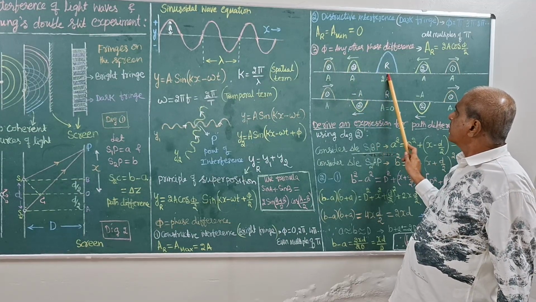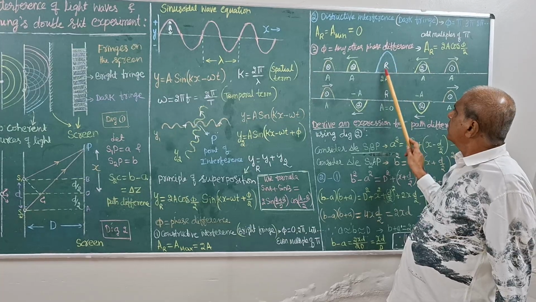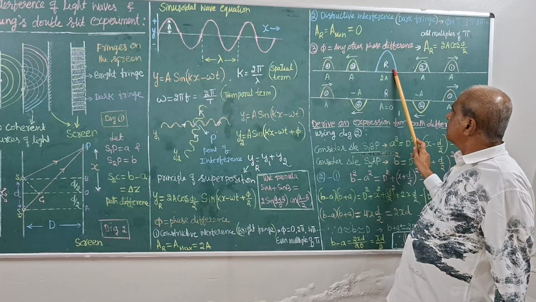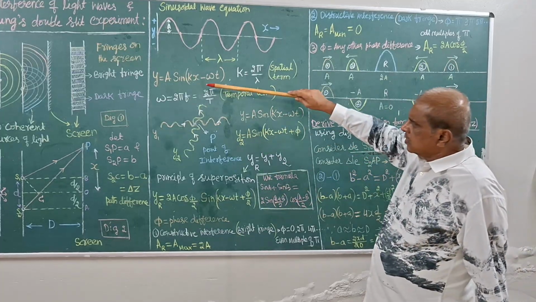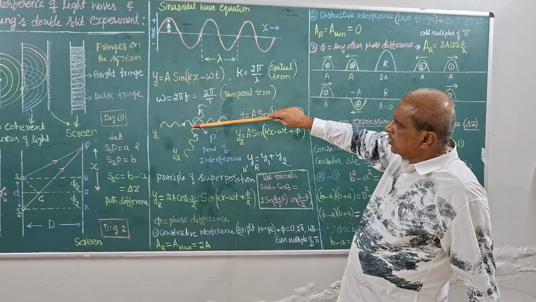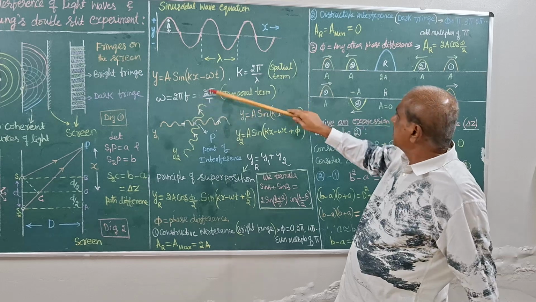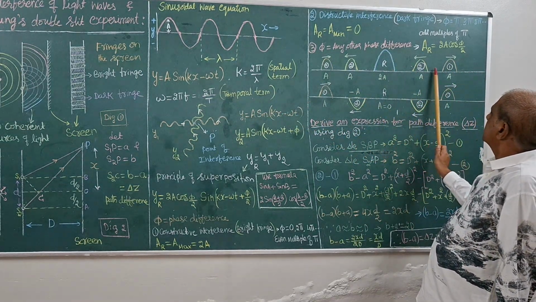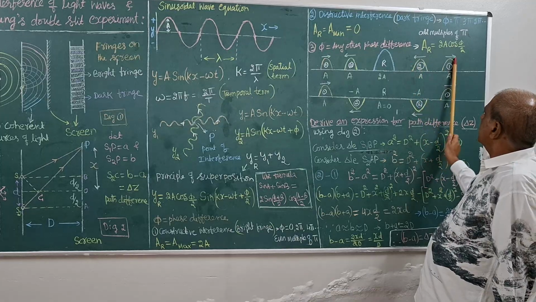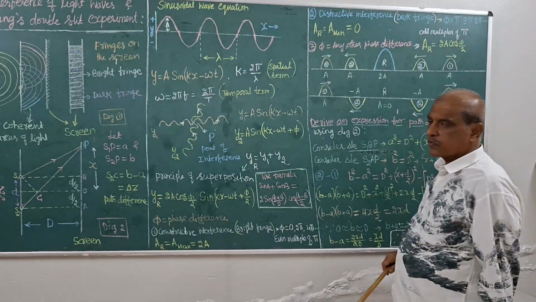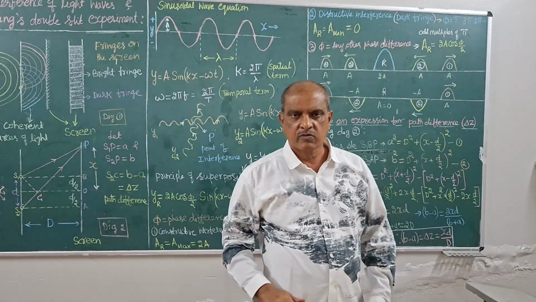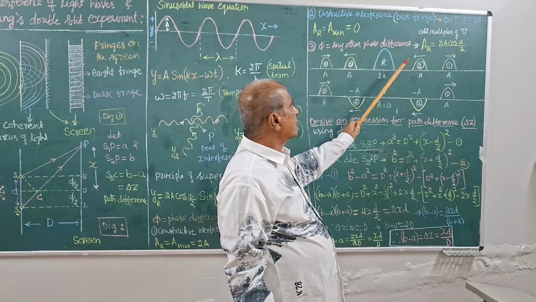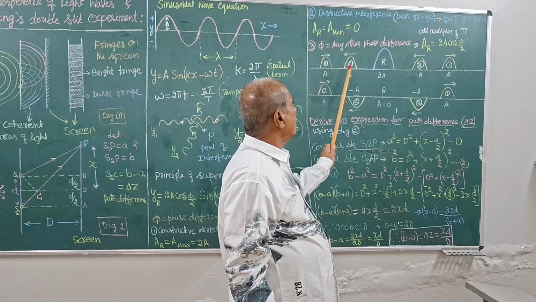At this point of intersection, they combine, and only the amplitude varies. After that, they travel or pass on in their own directions, this direction and that direction, and retain the original wave character: same wave number, same wavelength, same frequency, same amplitude, because of wave 1 and wave 2.